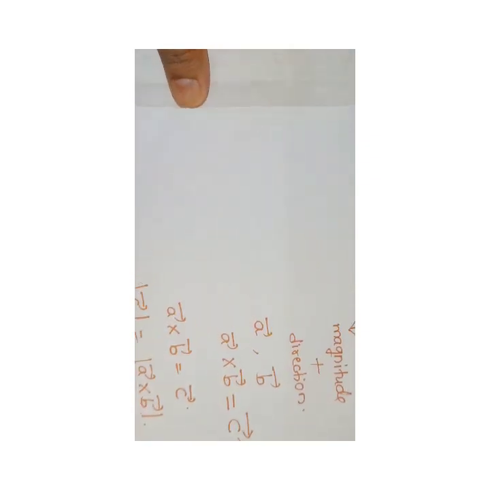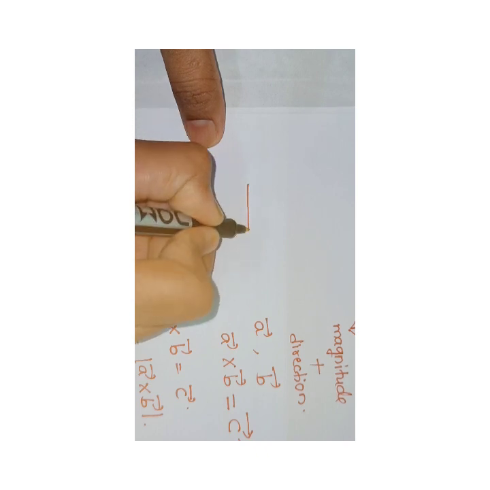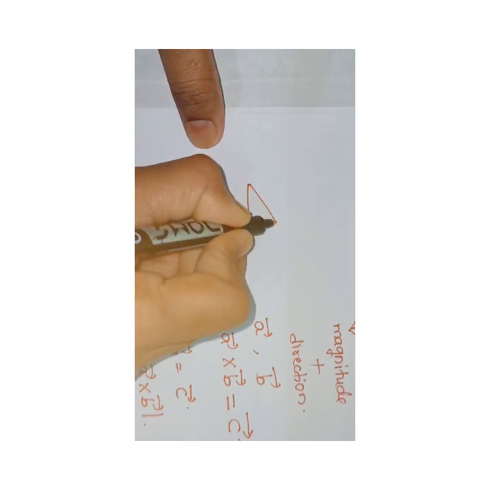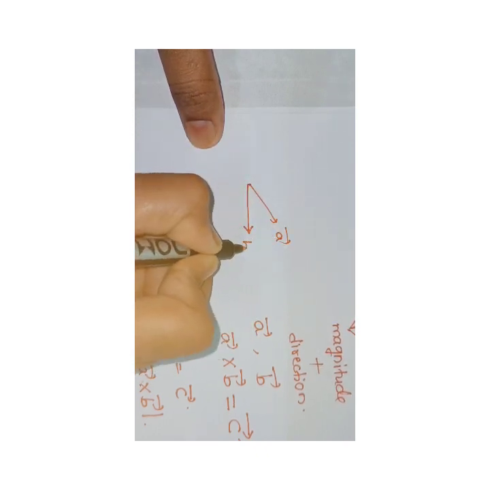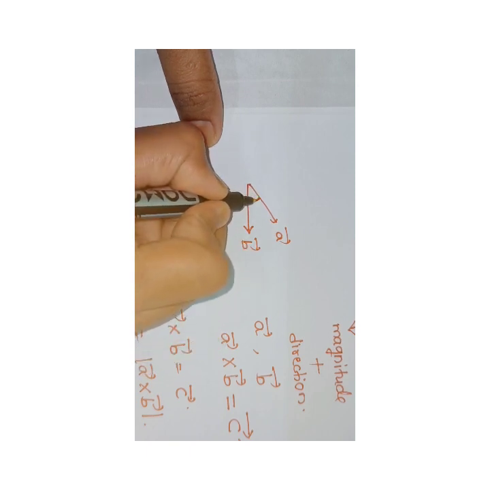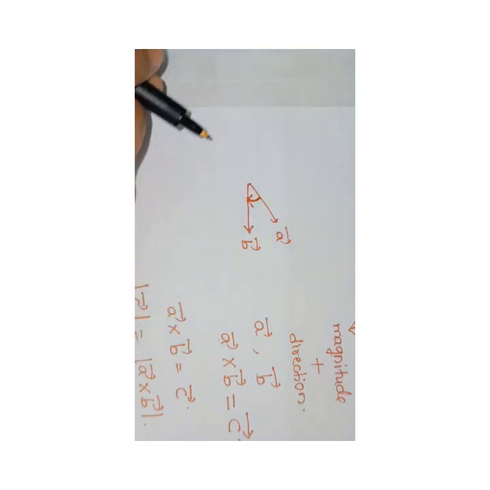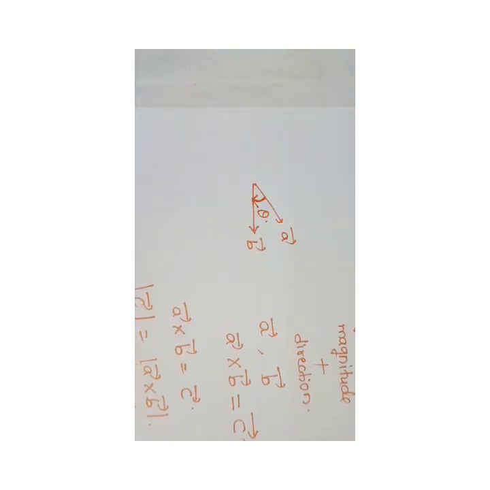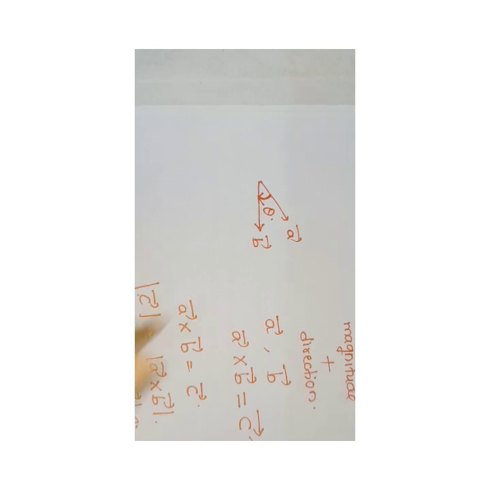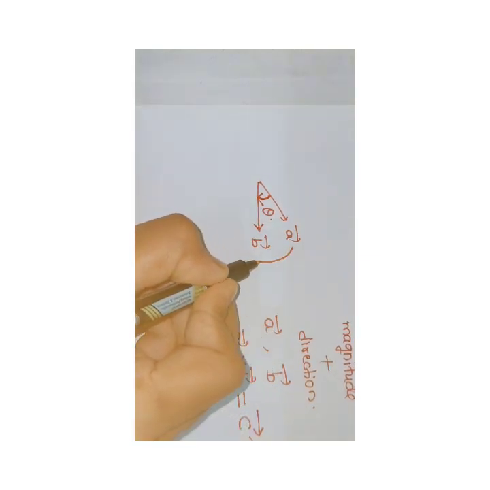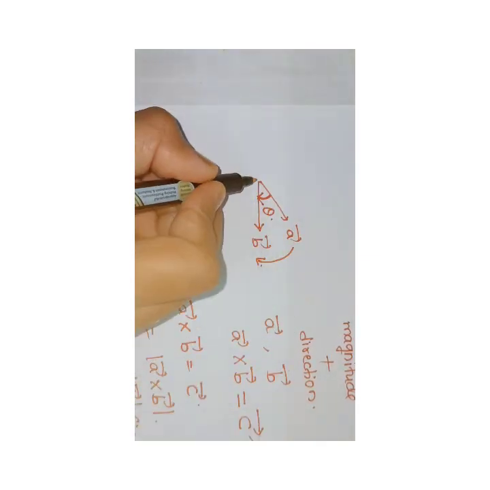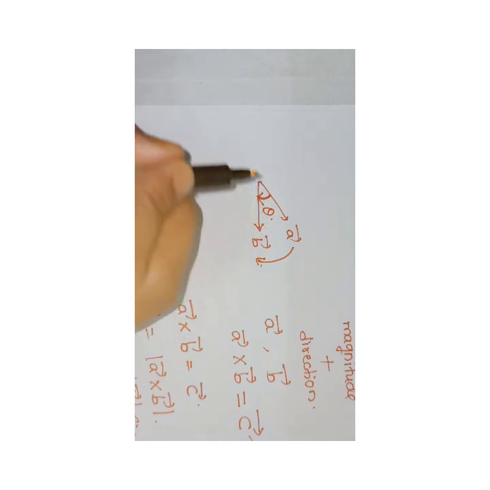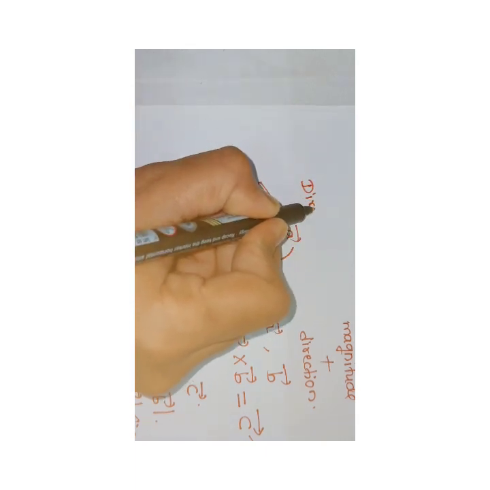Suppose we have here two vectors. This is the vector A and this is our vector B. The angle between them is theta. If I say A cross B, then the third vector, how will it be? Here we are talking about its direction.